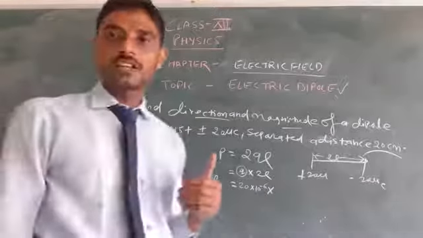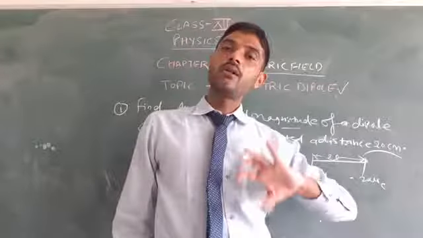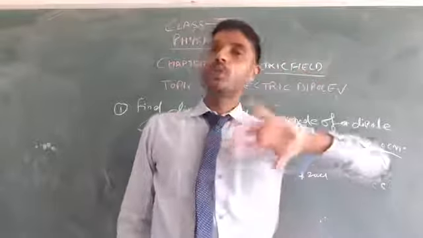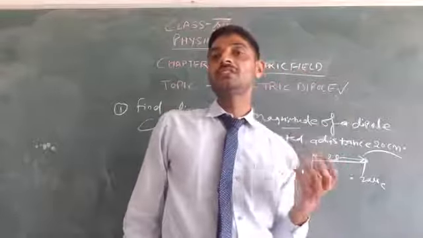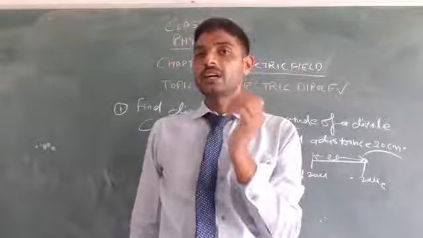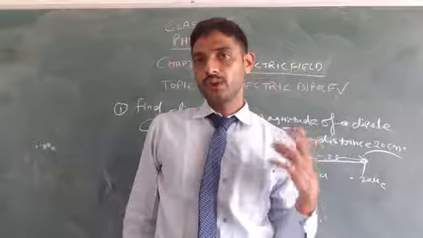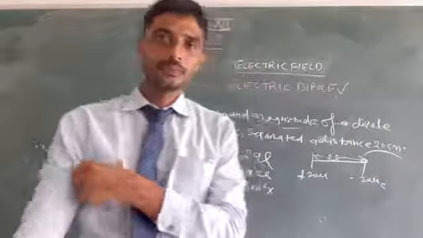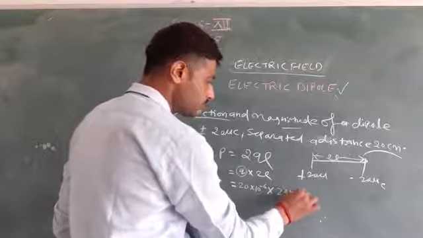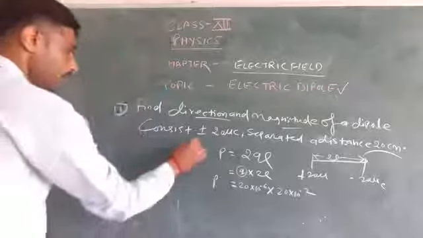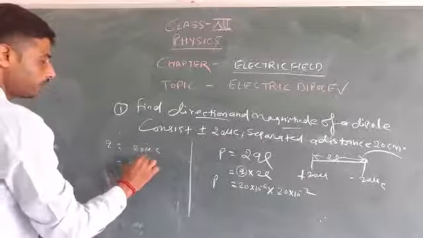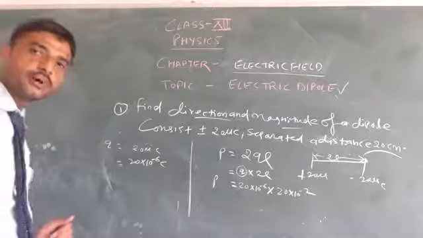We have to convert centimeter into meter, because we have to solve the numerical in the MKS system, it means the SI system, since most constants have their values in the MKS system. So to solve a numerical we have to convert quantities into the MKS system. So this is 20 into 10 to the power minus 2. As you know, q equals 20 microcoulomb and 1 microcoulomb is equal to 10 to the power minus 6 coulomb.